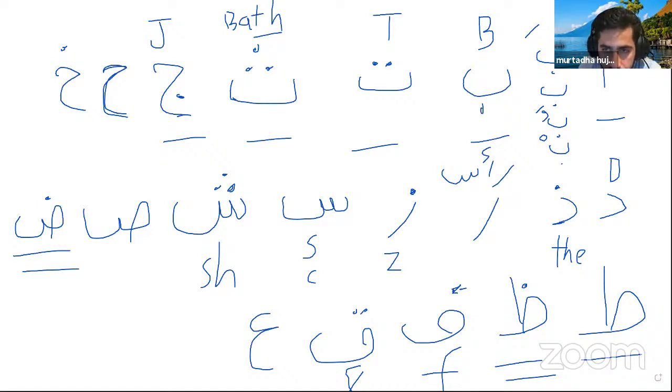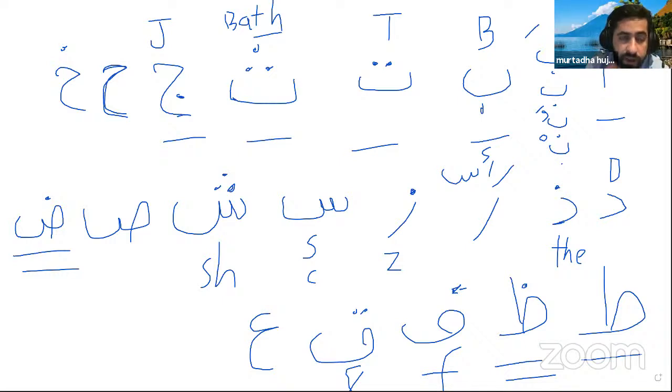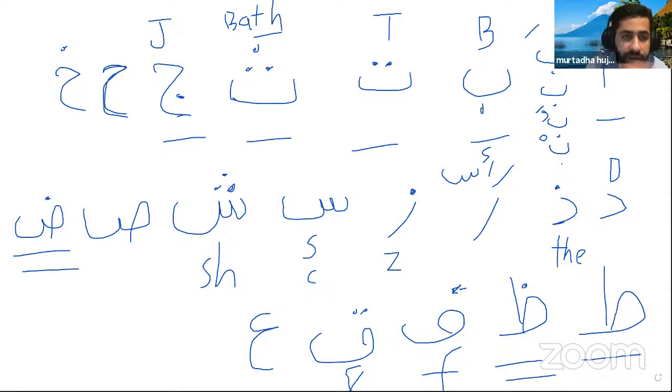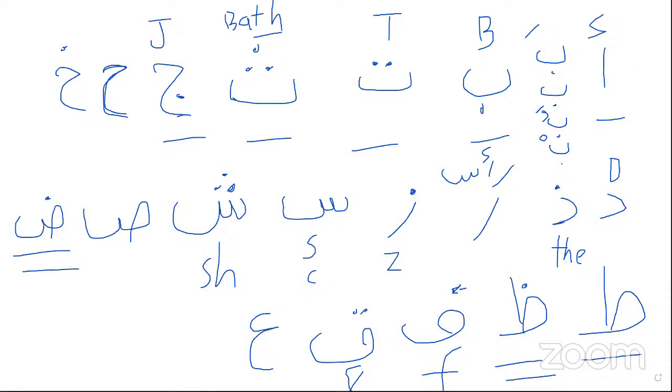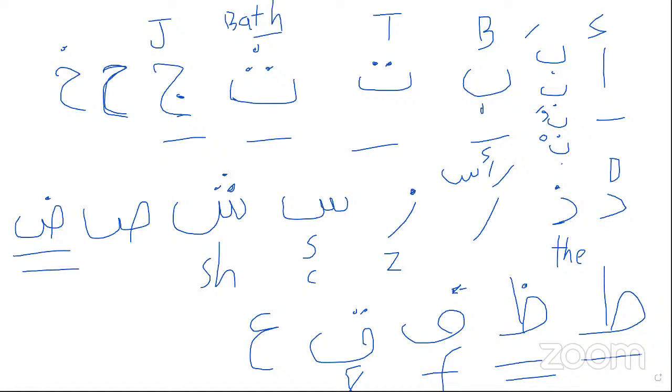The well of water is ayn. Ayn also appears in what we are studying, the Arabic letters. Arabic is Arabi, no? Oh, it's Arabic. And these are the Arabic letters, الحروف العربية.